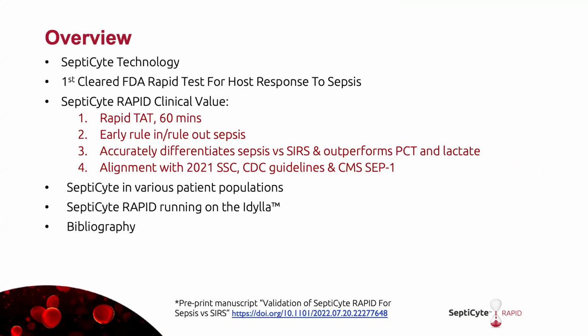Next slide, please. I'd like to go over Septicyte technology, discuss its clearance and its validation for host response tests for sepsis, and then discuss some of the clinical values of Septicyte Rapid, including its turnaround time, its diagnostic process, differentiation of sepsis from SIRS, its relationship to the other tests that we presently use, and then alignment with the guidelines that are published for management of sepsis by Surviving Sepsis Campaign, the CDC guidelines, and CMS's SEP1 value-based processing process.